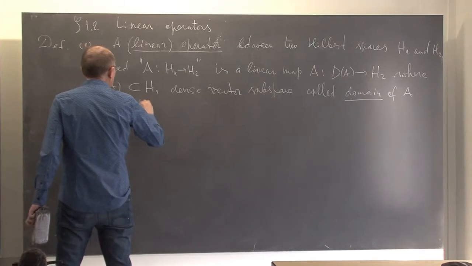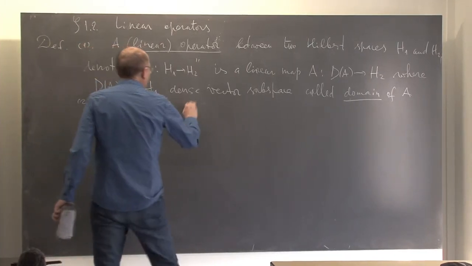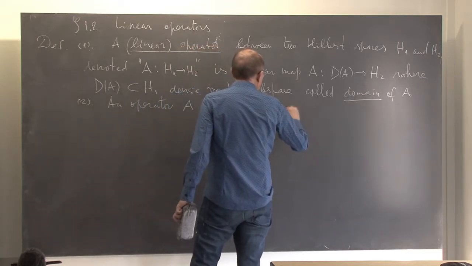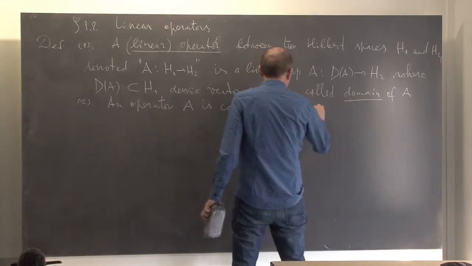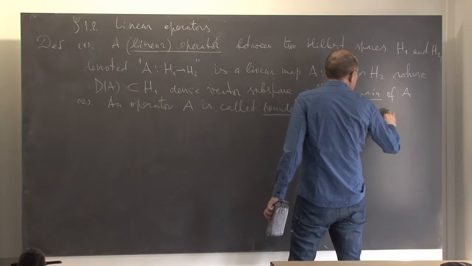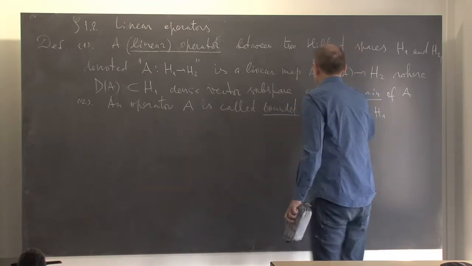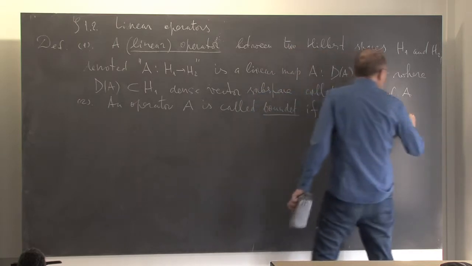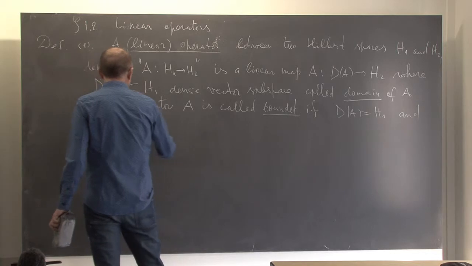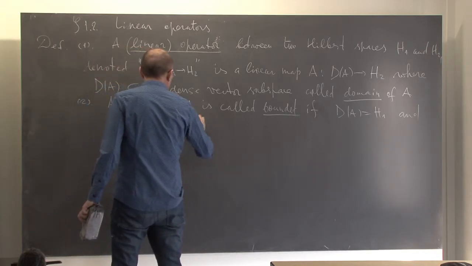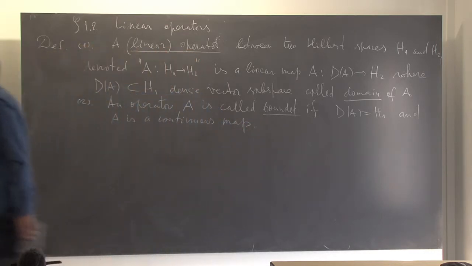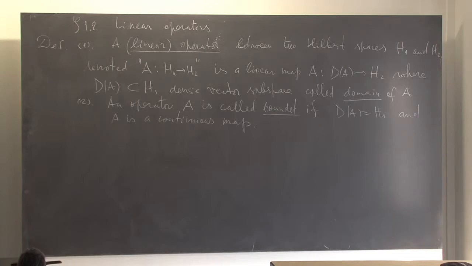An operator A is called bounded if its domain is the whole space, and A is a continuous map. So this is bounded.